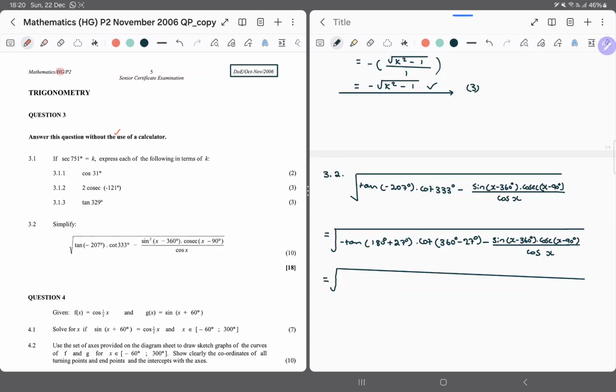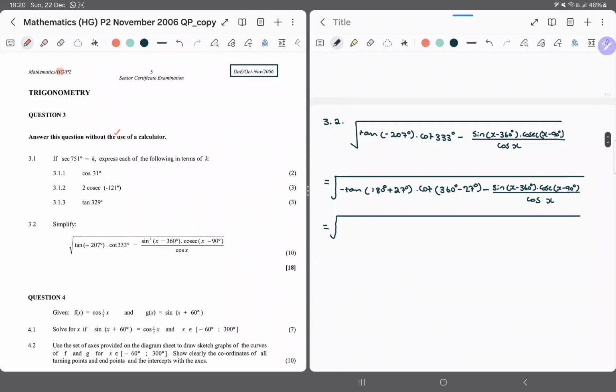Our work is a tough one. I don't know why I didn't put lines in here, because I'm giving myself a very steep hill already. So this is minus into, now tan in the third quadrant is positive, so this is just minus tan 27 degrees, into, now 360 minus 27 is in the fourth quadrant. Cot is going to be negative there.